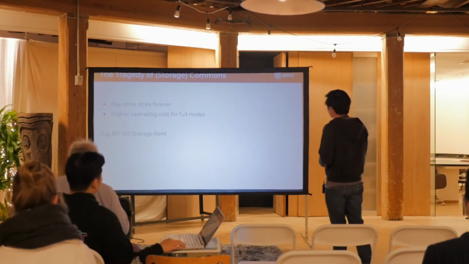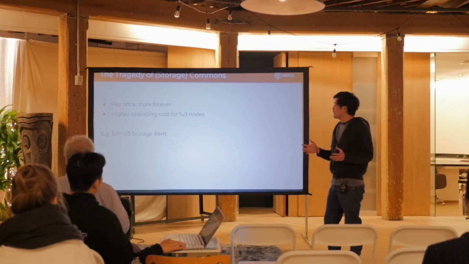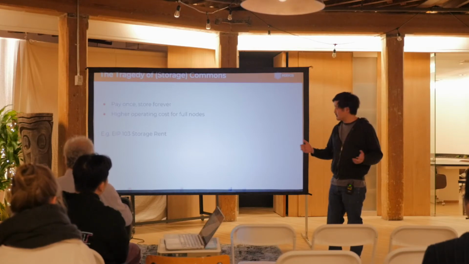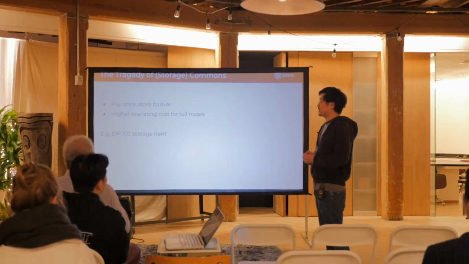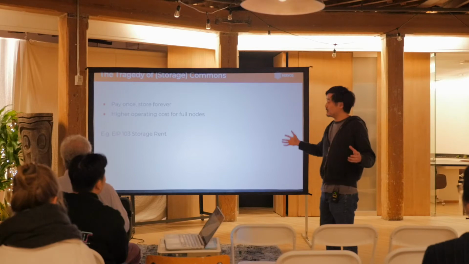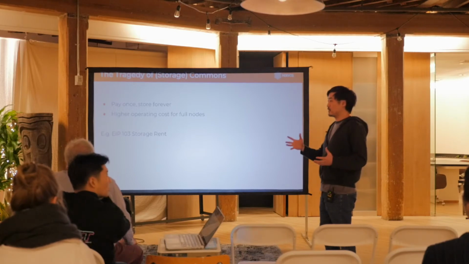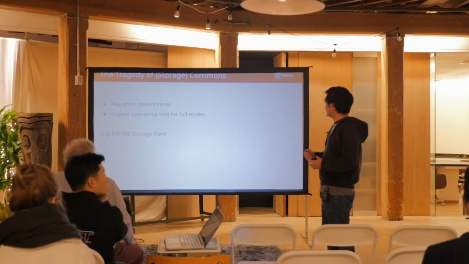So if we're talking about a blockchain of the future that can be public infrastructure that the whole world can use, then we're looking at growth of at least 1,000 to 10,000 times in terms of people participating in the blockchain, which means the state tree will probably grow that many times.